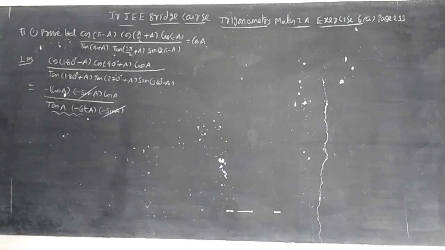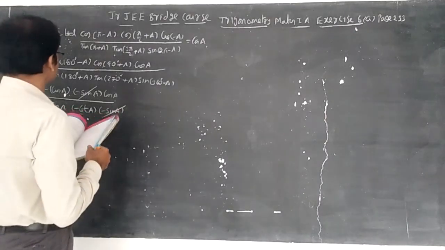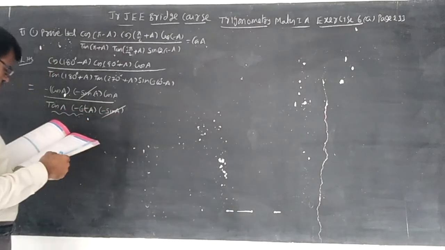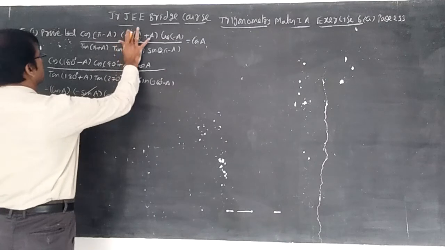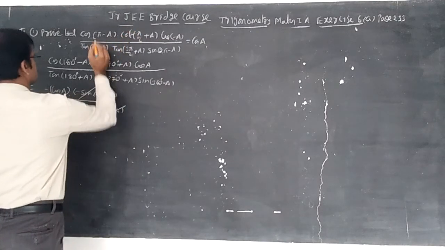Tan of pi plus A. Here, cos of pi minus A, and the next one given here is cot, not cos.